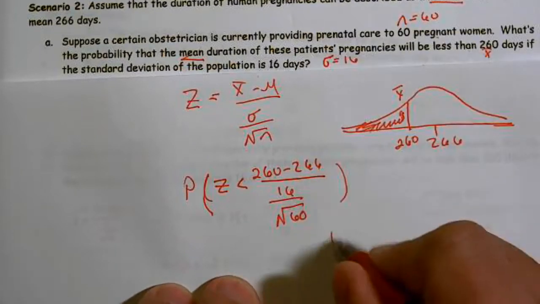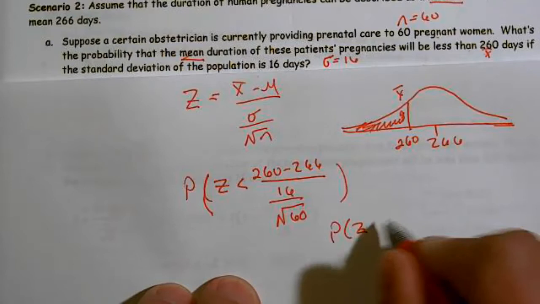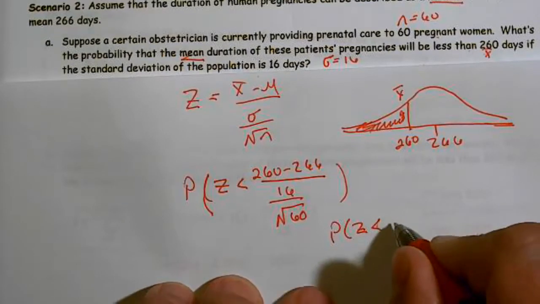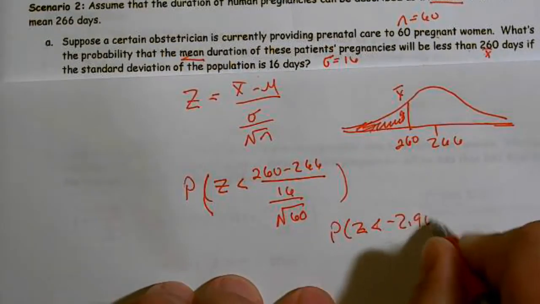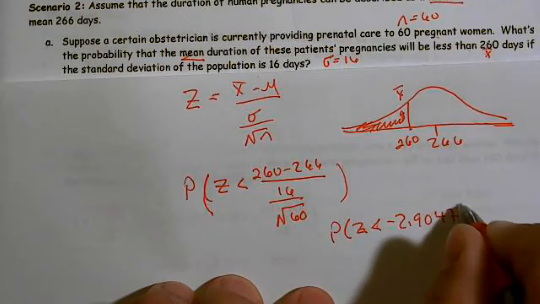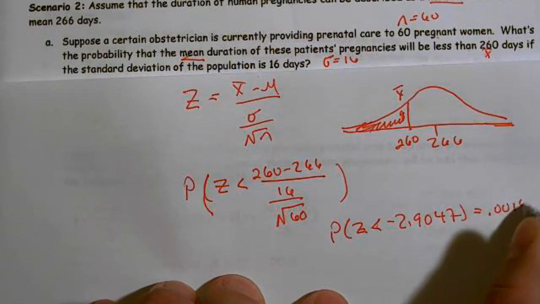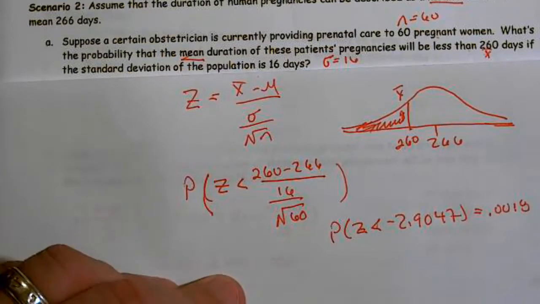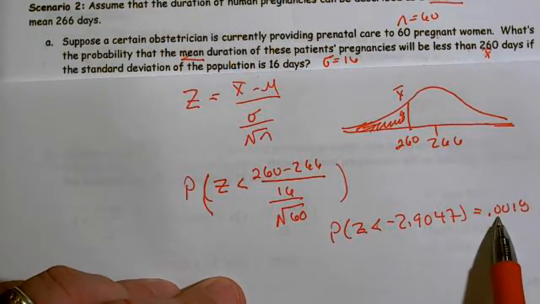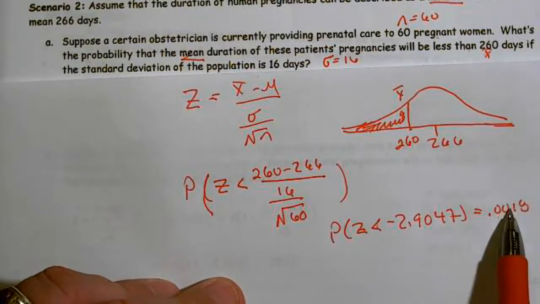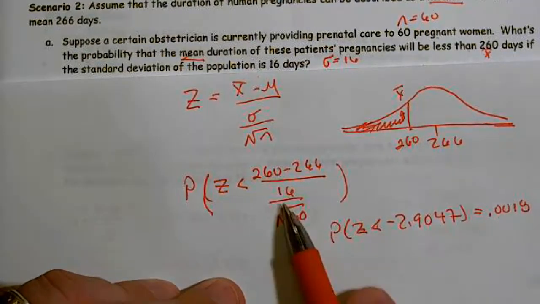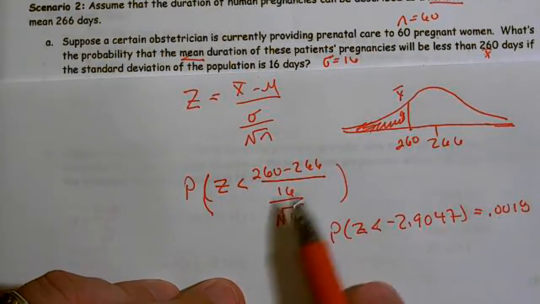So we want the probability that Z is less than negative 2.9047, which equals 0.0018. So less than 1%. Very rare that it would be less than 260 days for an average. All right, not for an individual, but for the average.